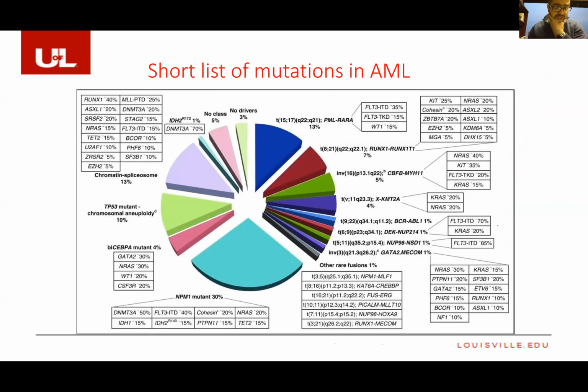As Dr. Salem presented, there is a multitude of mutations that occur in AML. Some of them happen separately, alone, but most of the time, there's an average of at least 3 mutations in each AML patient. You can see in this diagram that sometimes you'll have something like NPM1 that has all these possibly associated mutations.